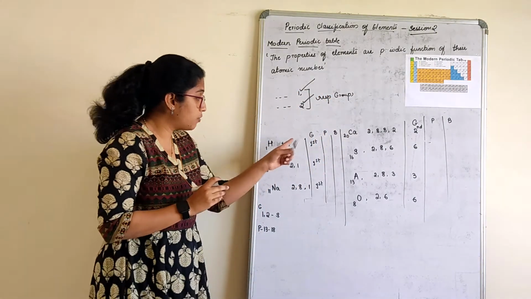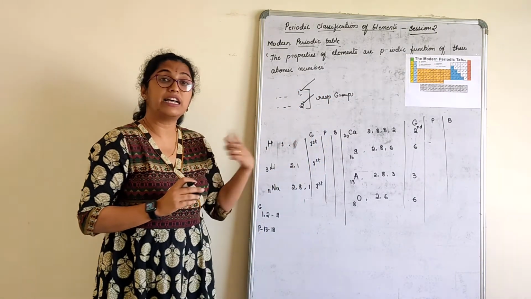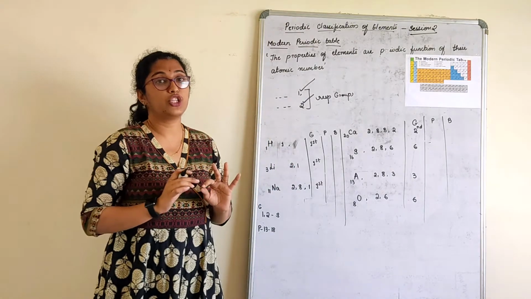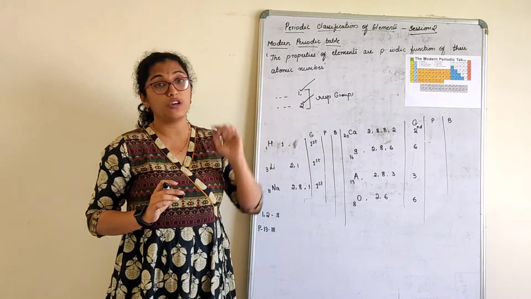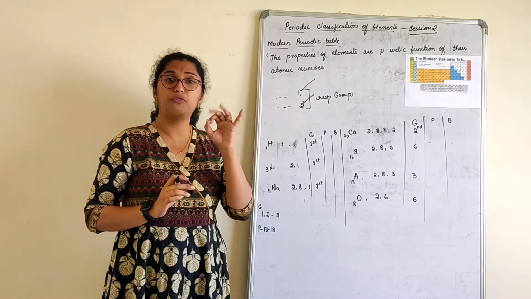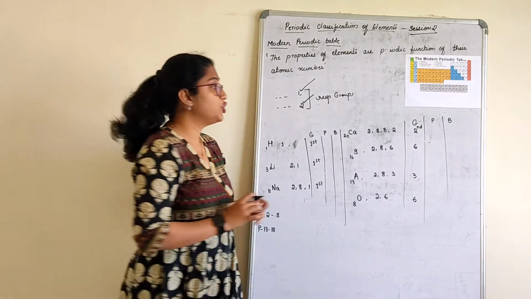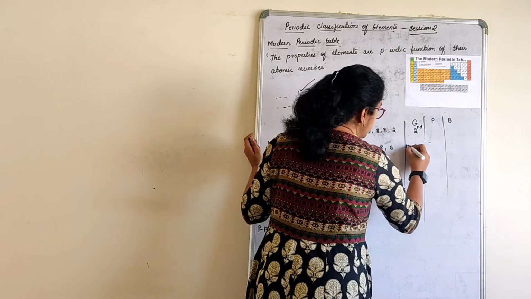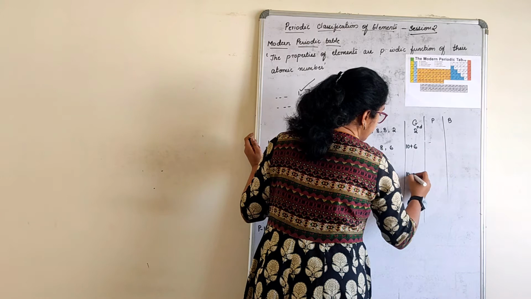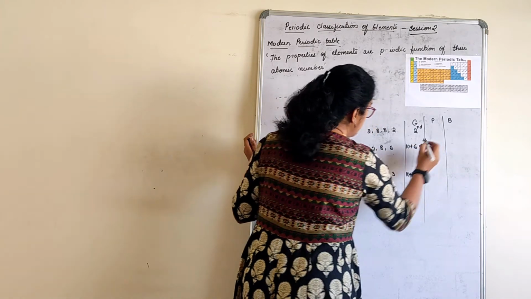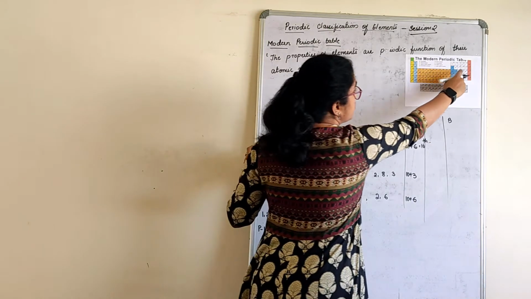Whatever number of electrons are left in the last shell will tell you the group. Beyond 2, if you have 3, 4, 5, 6, 7, or 8, you have to add 10 to it. So sulfur belongs to the 16th group.